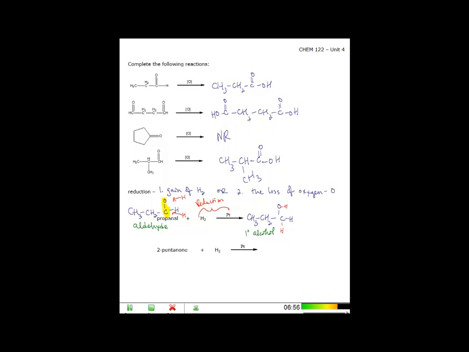Let's look at what happens to a ketone. 2-pentanone, so it has 5 carbons and a ketone on the second carbon. Again, with these reduction reactions, and we know it's reduction because of these reagents, we're going to be adding hydrogen across this carbonyl, and our product will look like this.